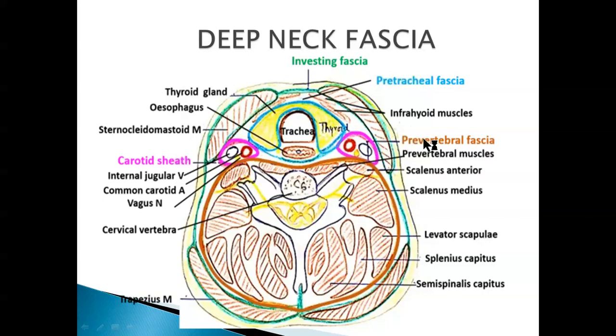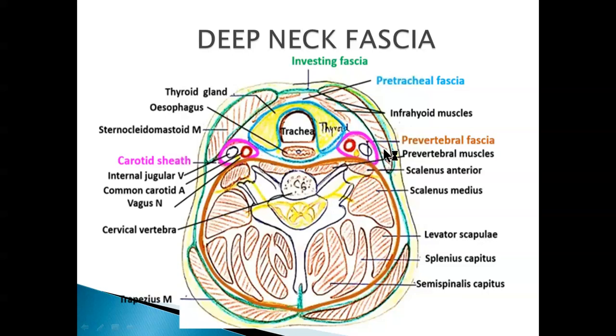Then let's talk about the third fascia, the main one also. As I mentioned, we have around 10 or 11 deep neck fascias. Out of these 10 or 11, the main ones are your investing fascia, pretracheal fascia, and prevertebral fascia.